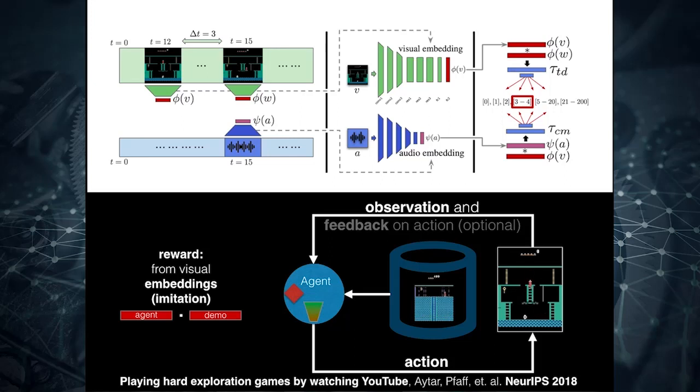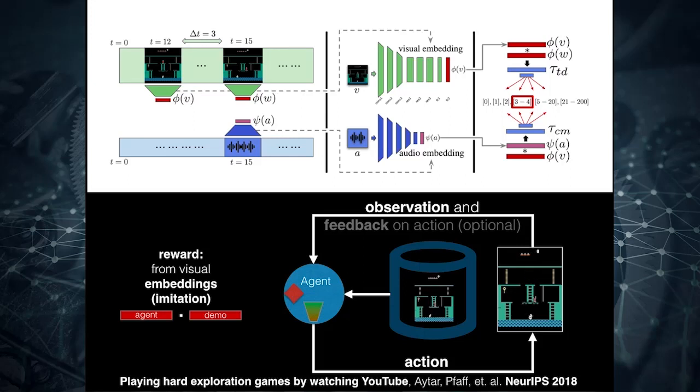They also do a similar thing with audio, which I will not go into details of, but eventually, once you have this embedding, now you can use this embedding to determine rewards.